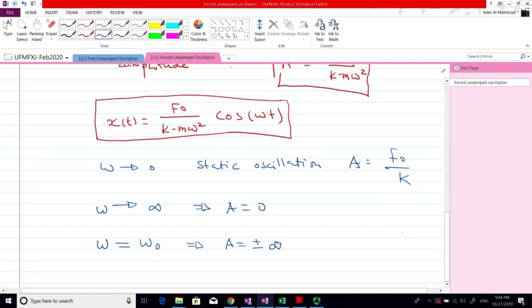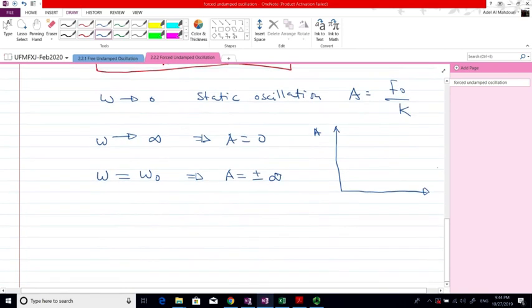So if we have a relationship between the amplitude and the frequency ratio, the applied angular frequency to the natural frequency of the system, and the value is very close to 1, then we'll have something negative or positive.